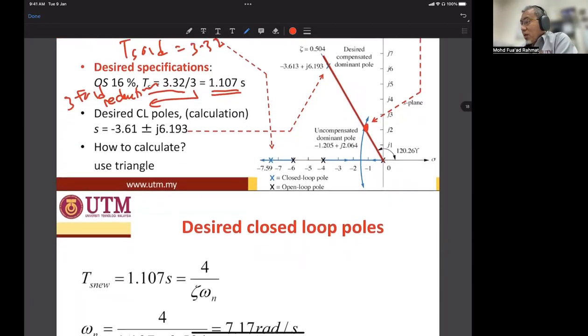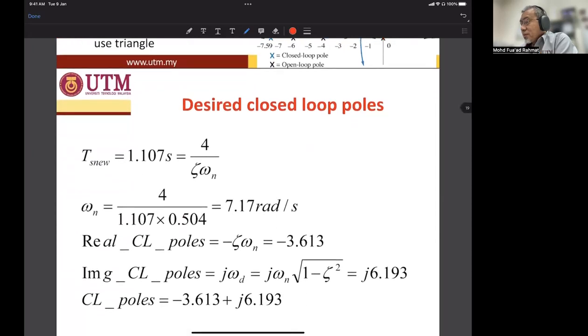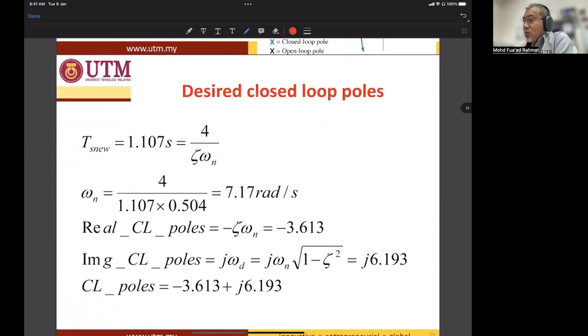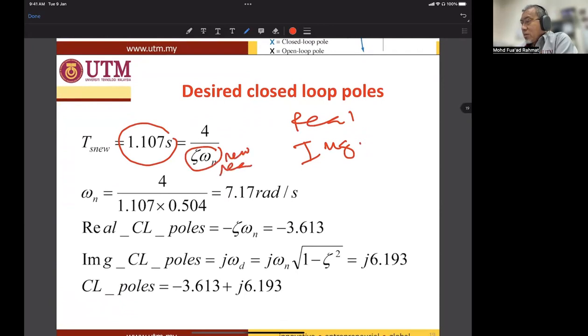Therefore, we have to calculate the new real and the new imaginary parts, because it's already a threefold reduction. So we have to include 1.107, and this will become the new real part: 4 divided by 1.107.